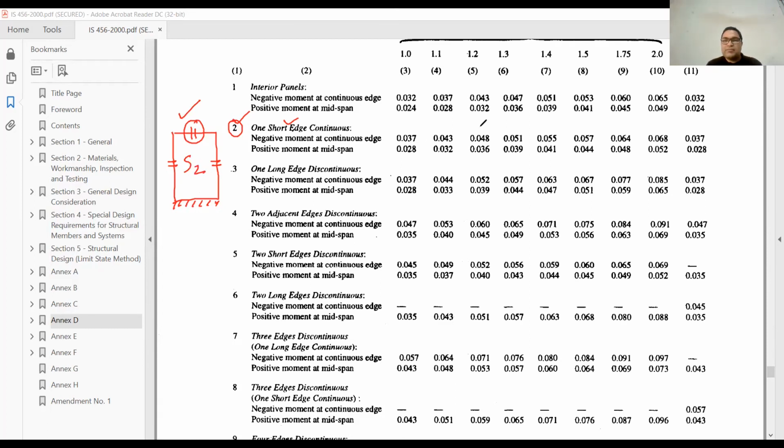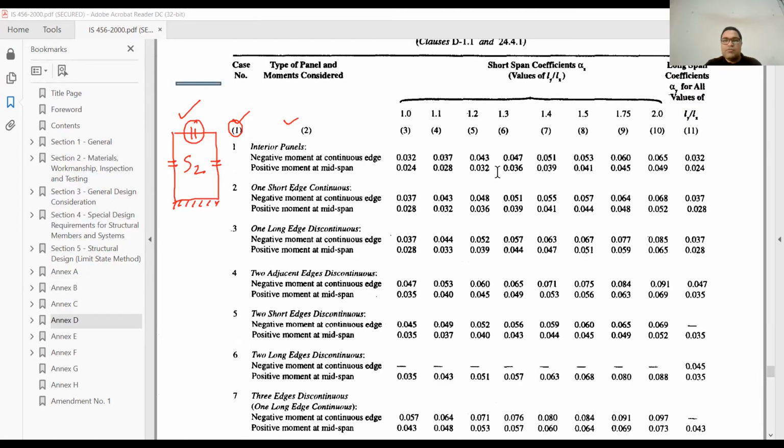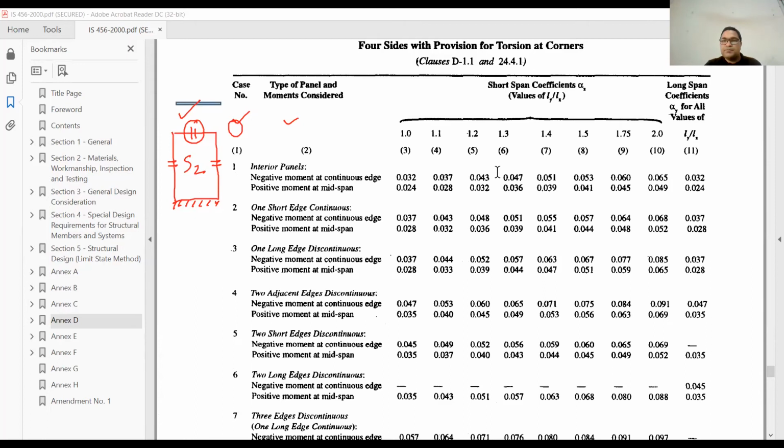So in this case, the value of alpha x will be 0.08 and 0.051. So our value will be in between that.